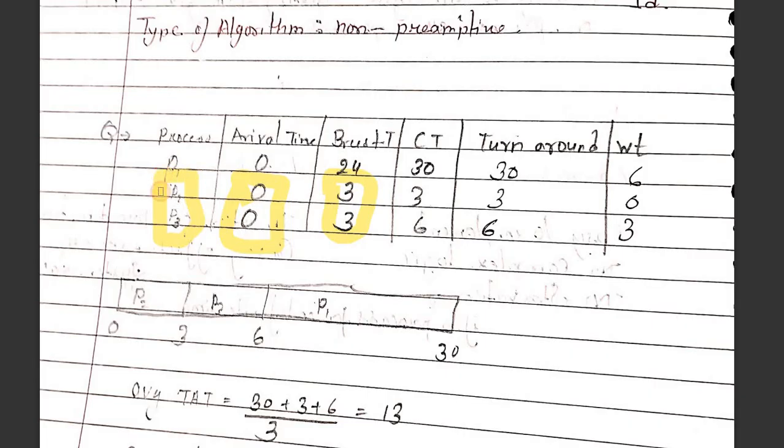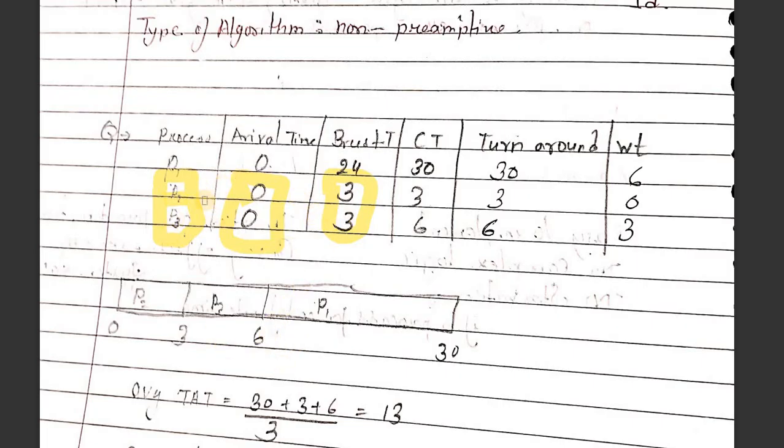The process having the lower process ID gets more priority. So process P2 gets first priority, with 3 units of burst time, so from 0 to 3 P2 acquires the CPU, and from 3 to 6 process P3 acquires the CPU.